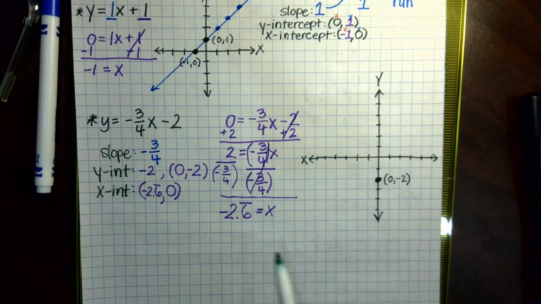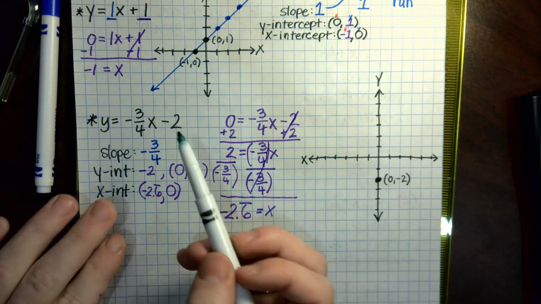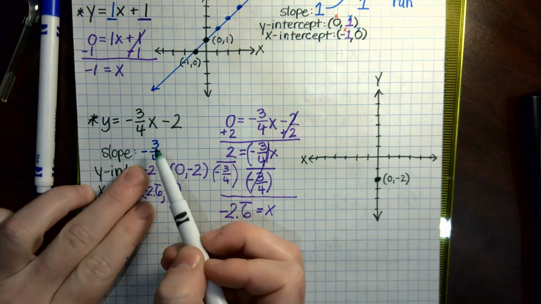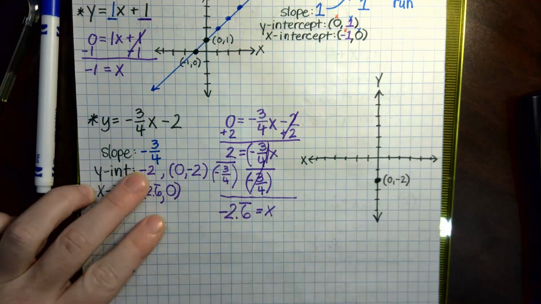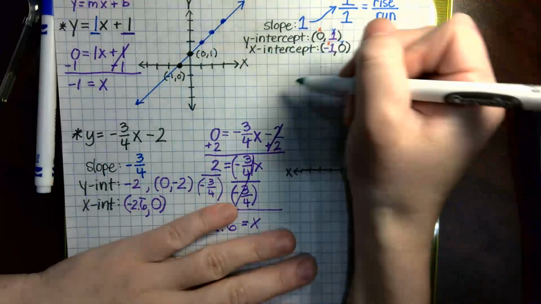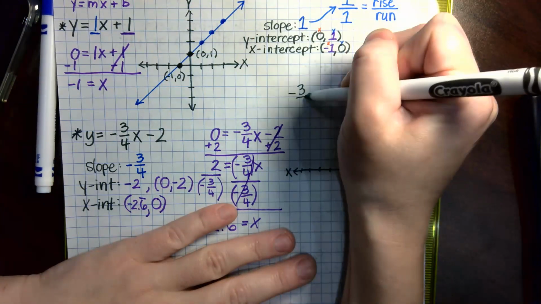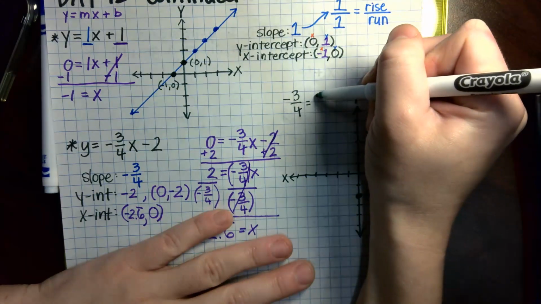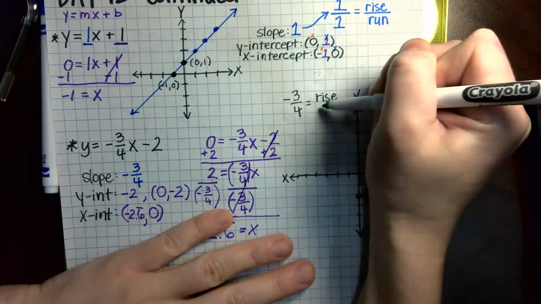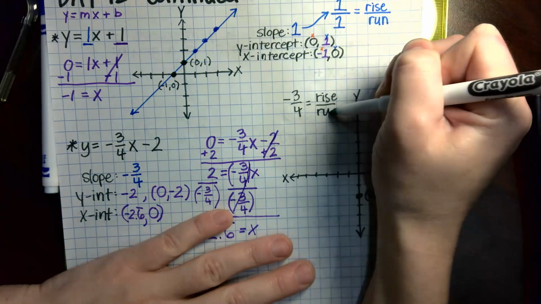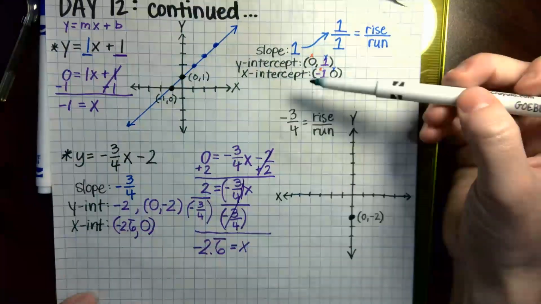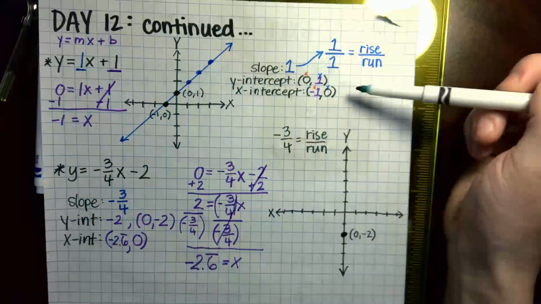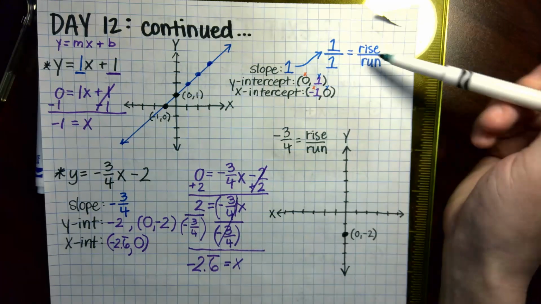Now, let's look at our slope. We have a negative 3 over 4. I'm going to write that over to the side here. Negative 3 over 4. And we're going to remember that slope is the same thing as rise over run. When we had a positive slope, we would rise by going up 1 over 1.